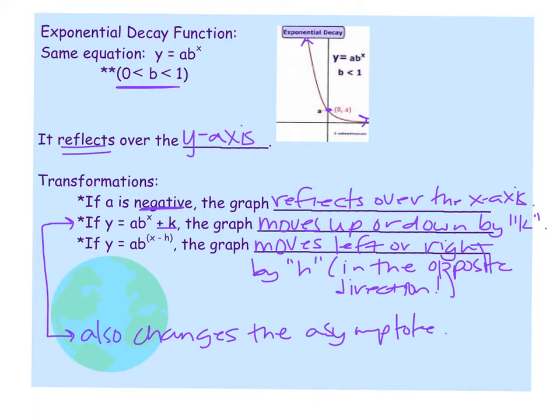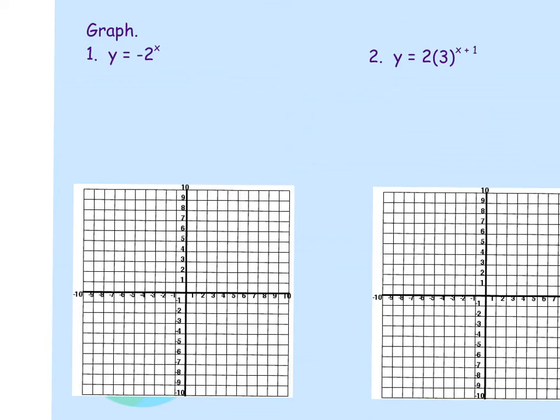All right, let's go ahead and sketch some graphs. First, let's sketch the graph of y equals negative 2 to the x power. The first thing you want to consider is putting it in the form y equals a times b to the x power. In order to have an exponential function, the base itself technically can't be negative.